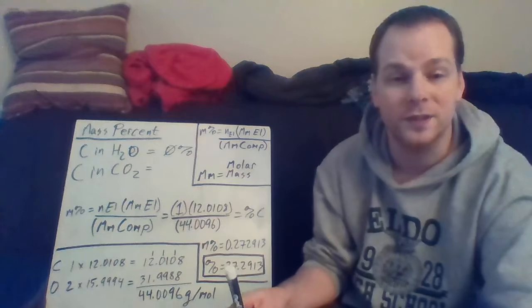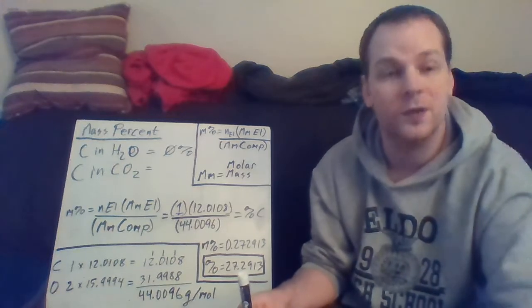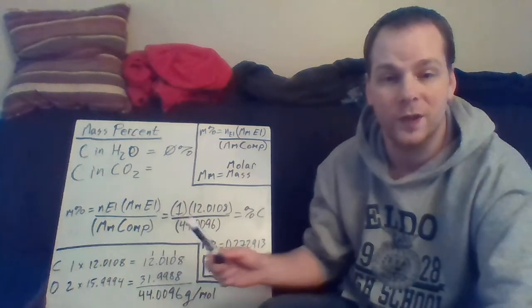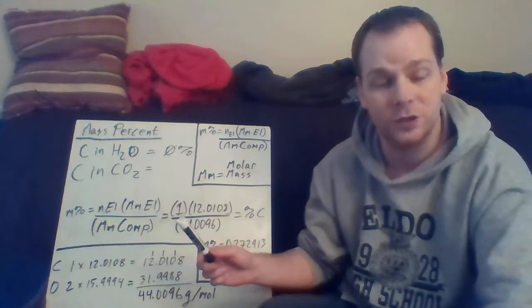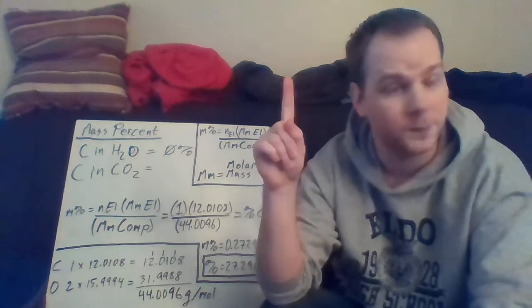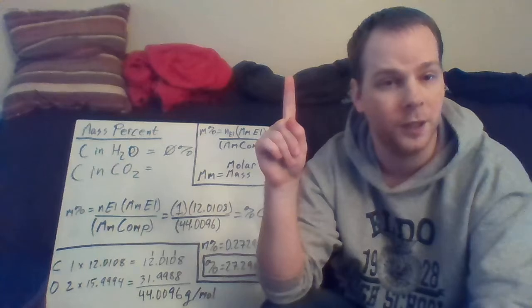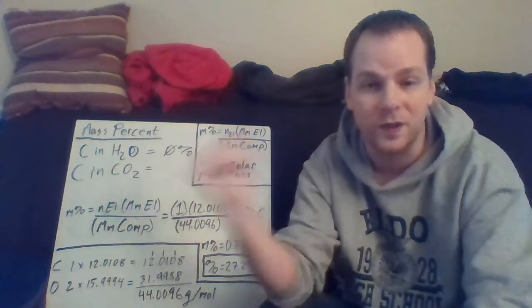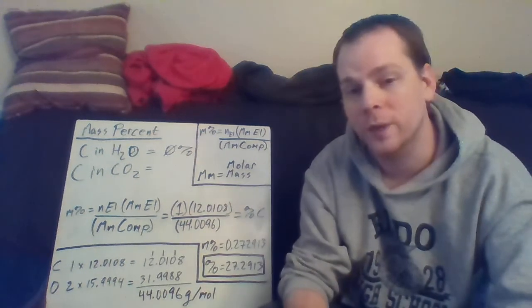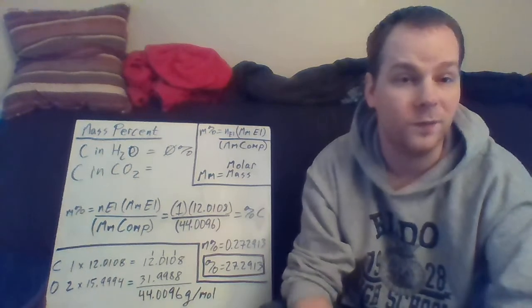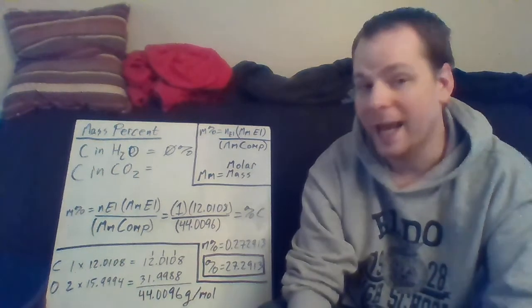And of course it is 6 digits because the numbers up here all had 6 sig figs. 1 is an integer because there is exactly 1. I told you all subscripts are going to be integers. 1 is an integer, so it has infinite sig figs. So the 12.0108 and the 44.0096 are our limiting sig figs on this, so it has to have 6. And that's really it.